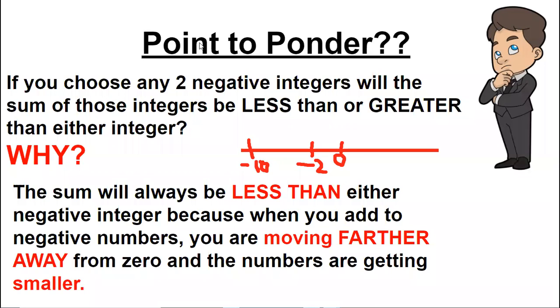Our answer was negative 12, farther from 0, somewhere over there. So you can notice that negative 12 is farther from 0 than either negative 2 or negative 10. The sum of two negatives will always be farther away from 0. Okay?